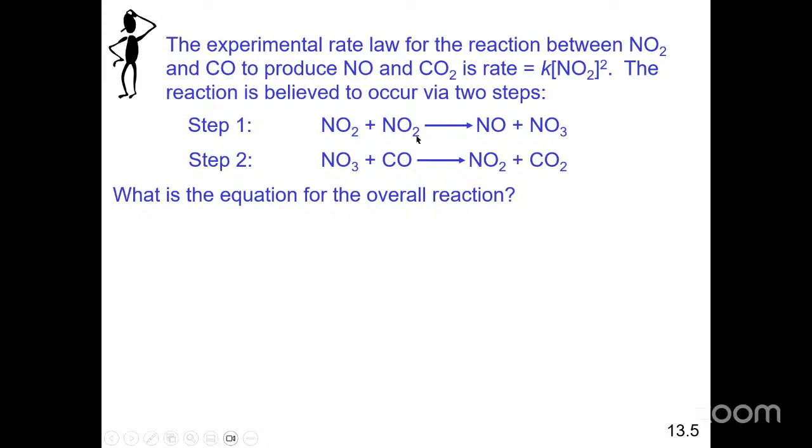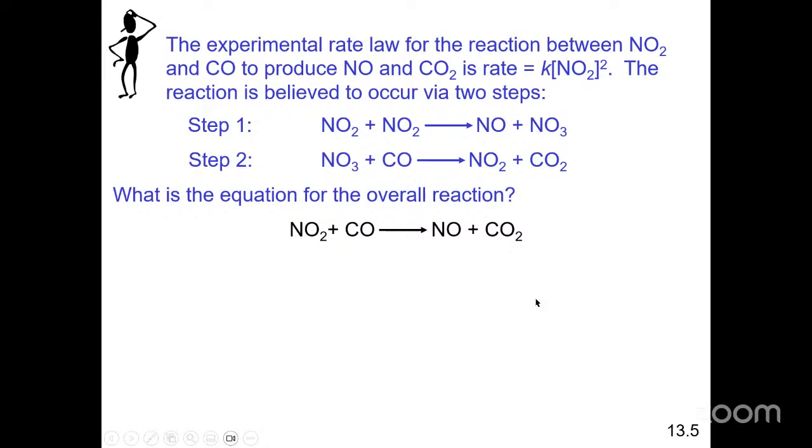You cancel out this NO2 with this NO2. You cancel out the NO3 on both sides, NO3 here and here, very good, right? So basically, those are the items that you will cancel out on either side, and therefore the overall equation is, as she said, what you see here, NO2 plus CO to give you NO plus CO2, all right? Any questions about this one?